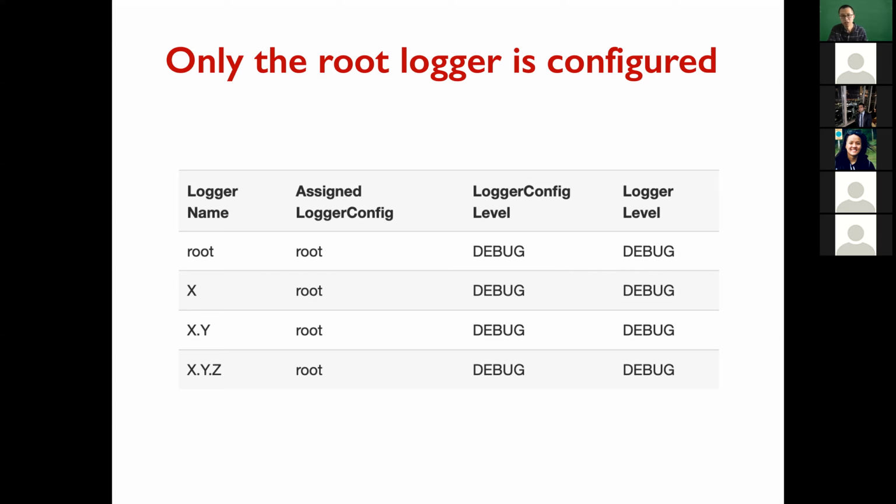So they would have the config of their parents higher in the hierarchy. Here we use the config of root, and the root is configured with a debug level. So all the loggers will also be configured at the debug level. So any questions here?